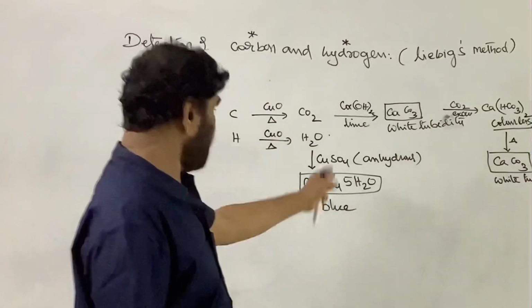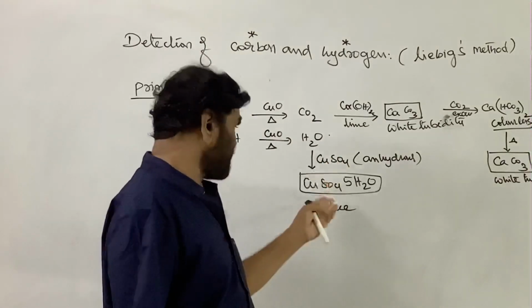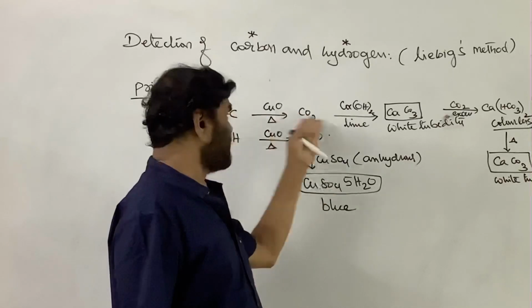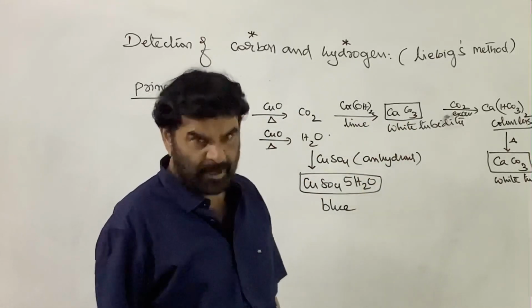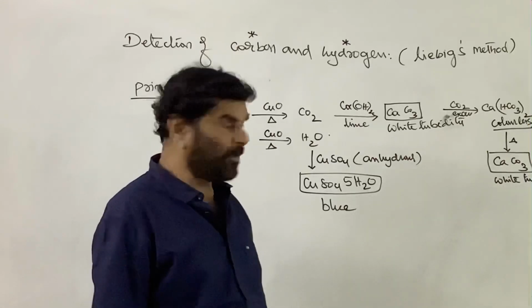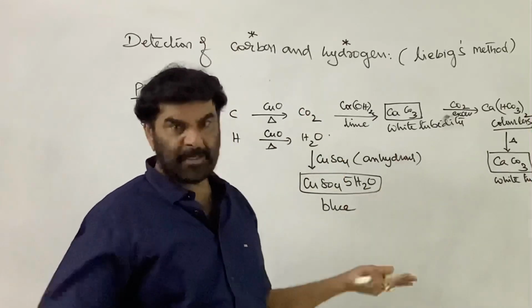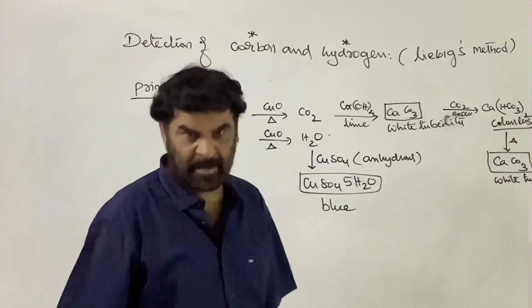If copper sulfate is converted into blue, and lime water is not affected by the gases coming out of the test tube, then we say that carbon is absent and hydrogen is present in the given organic compound.